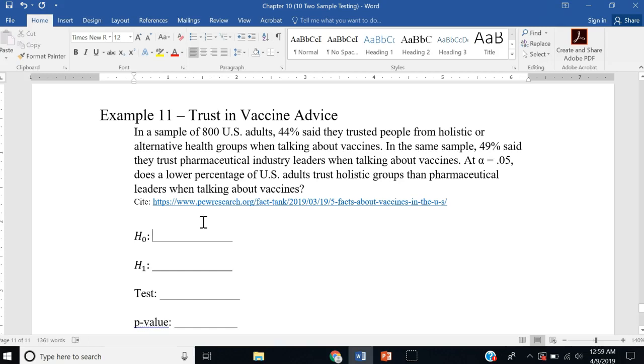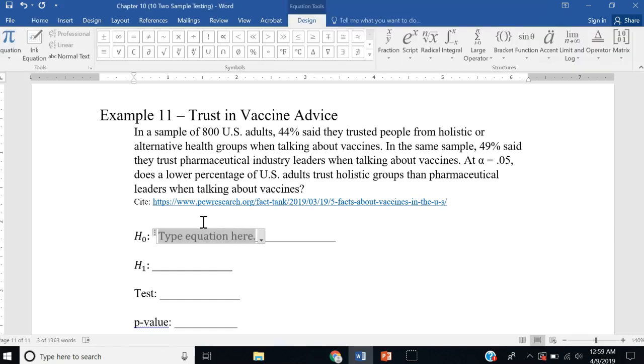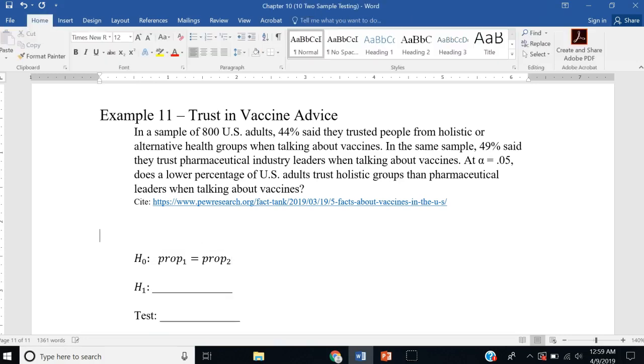What we're going to be looking at is the proportion of adults who trust holistic leaders versus the proportion of adults who trust pharmaceutical industry leaders. So think about this.